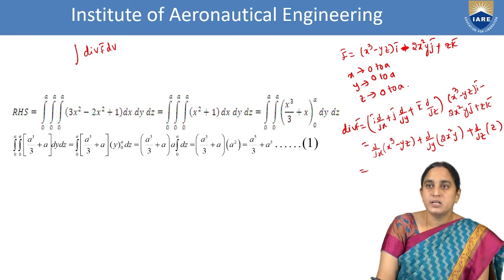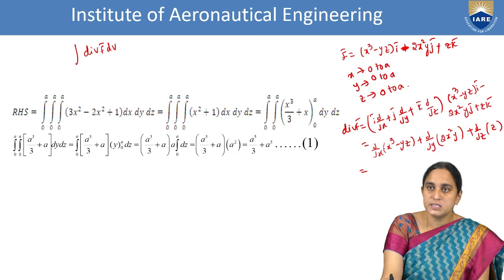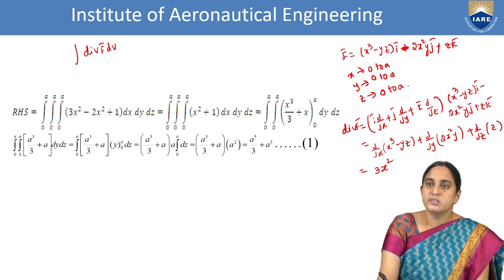First I'll differentiate with respect to x. That is, x cube minus yz differentiates to 3x square, and with respect to x the yz term is zero, right?